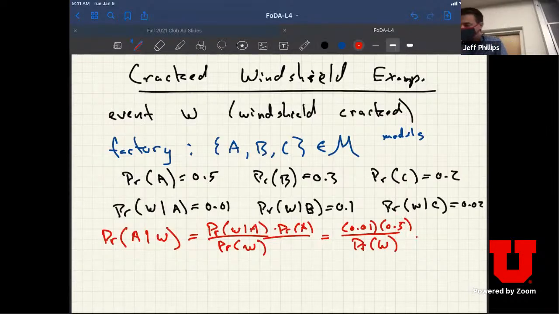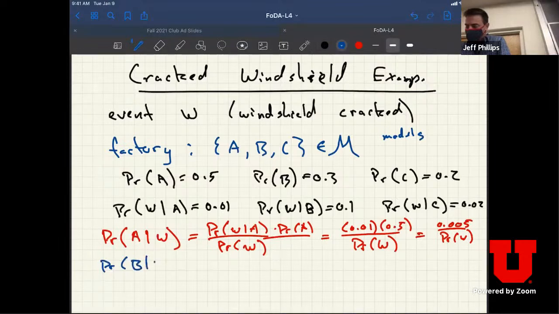So this is going to be 0.005 divided by the probability of W. I still have this annoying division by the probability of the windshield cracked, but we'll see this isn't going to be a huge problem.